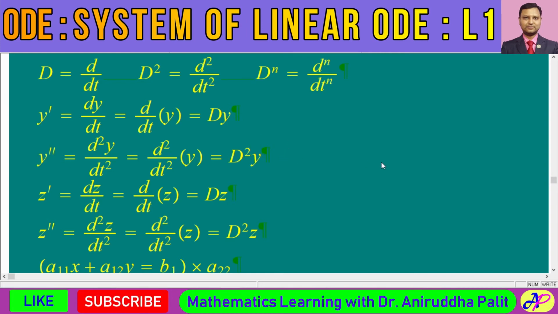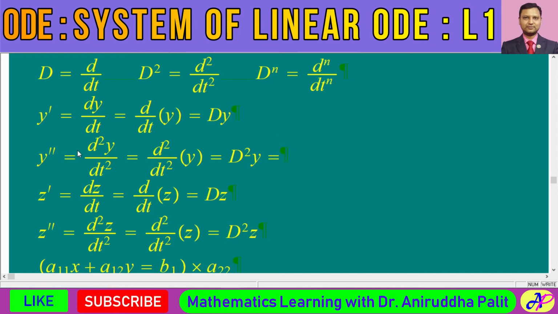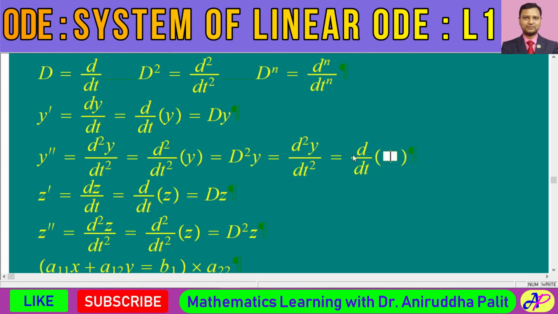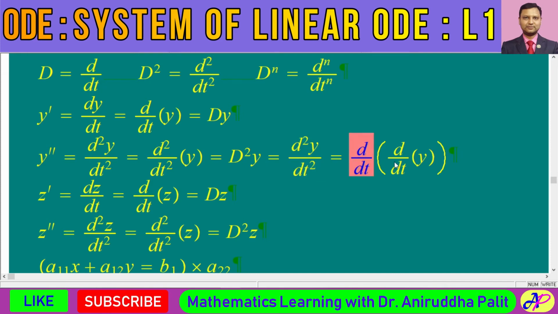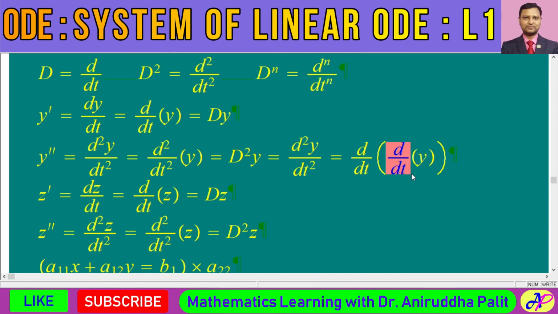And what is D squared y? This D squared y is nothing but d/dt of, what is this, d/dt of y, isn't it? So this D squared y is the derivative with respect to t, but taken two times.